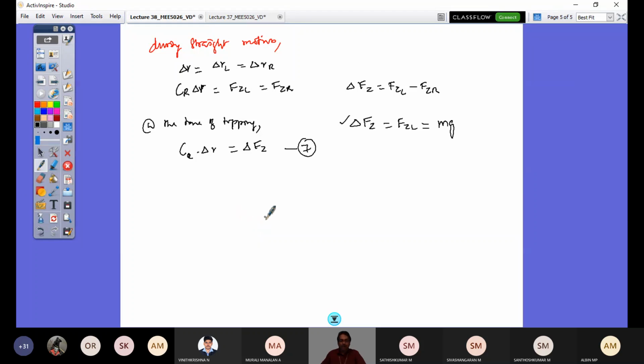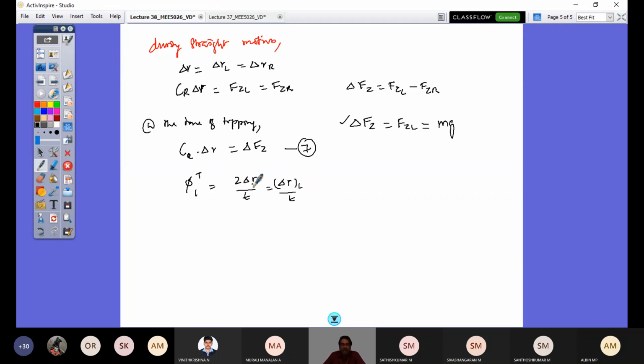Phi 1, the threshold value of the roll of the axle, is given by 2 times delta R by T. 2 times delta R is what? At the time of tipping, you have this threshold value of phi 1, and that would be delta RL, the left hand side, whatever is the deflection, that is 2 times delta R by T, right?